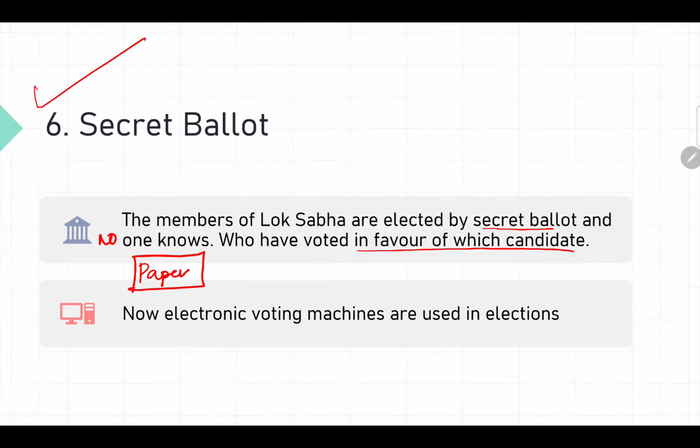But nowadays, due to the advancement of technology, electronic voting machines are used in the process of election. It makes counting of votes very easy. There will not be any vote rigging, and in every election we use this kind of voting by electronic voting machine.